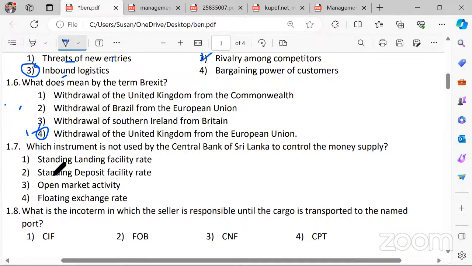Right. Now, money supply. The Central Bank can increase and decrease the money supply.